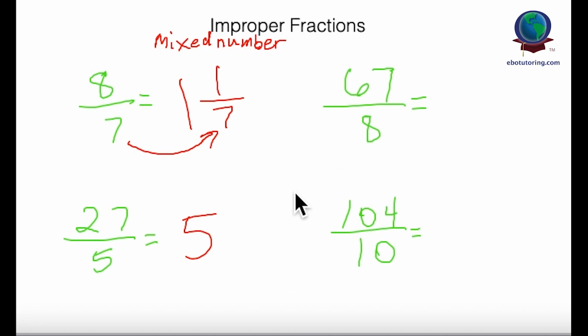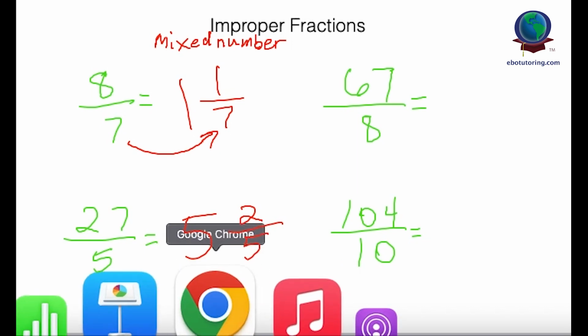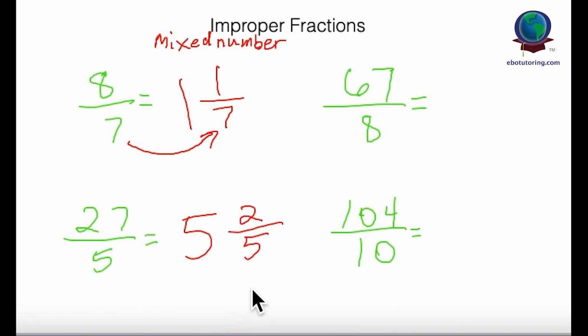How many things will be left over? 2. 25 is 2 away from 27, so I'll have 2 left sitting there. And again, the same denominator that I started off with, 5. Very, very good. Excuse me for those Apple icons at the bottom there.